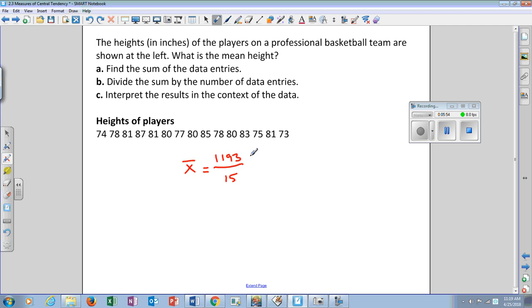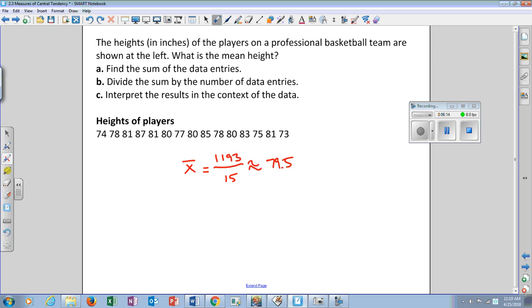So when we divide that by the total, we get about 79.5. So our height is about 79.5 inches tall.